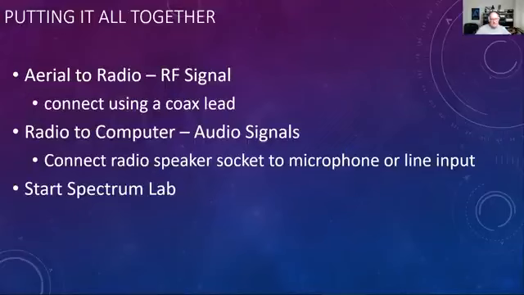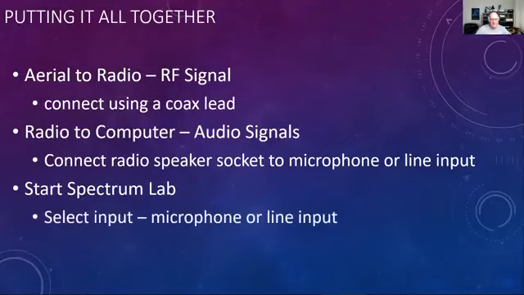And then you start up Spectrum Lab, and then basically you tell Spectrum Lab what you want to listen to, because you've got a number of ports on your PC, and you just identify what you want to listen to. So for example, I've got a mixer. I've also got a microphone input. So what I've currently got configured, or will have configured shortly when I run Spectrum Lab, is I'll tell it to use my microphone.